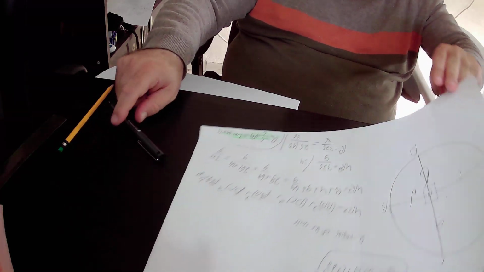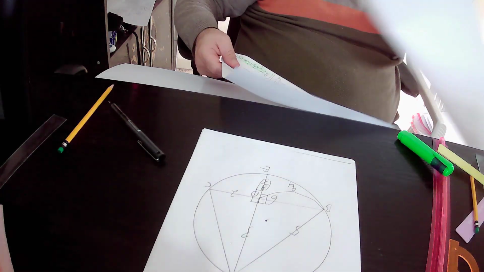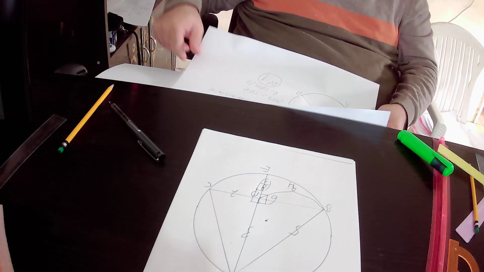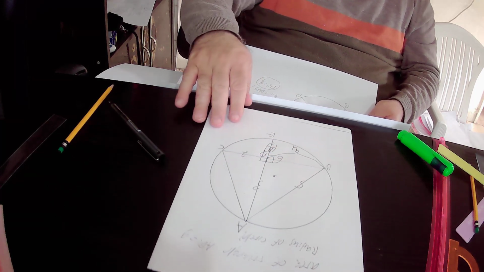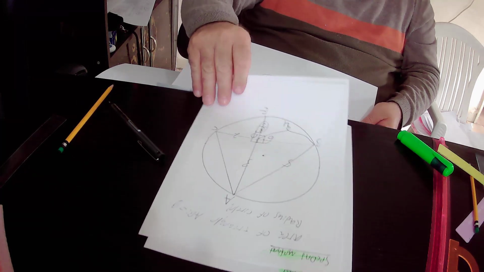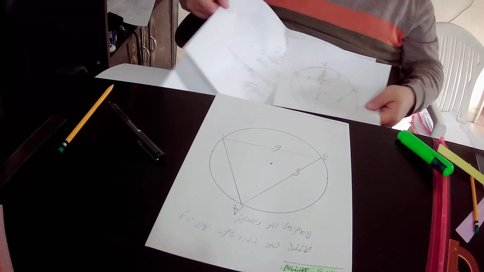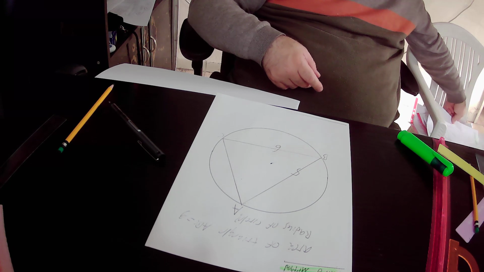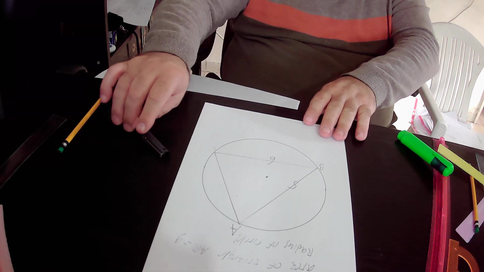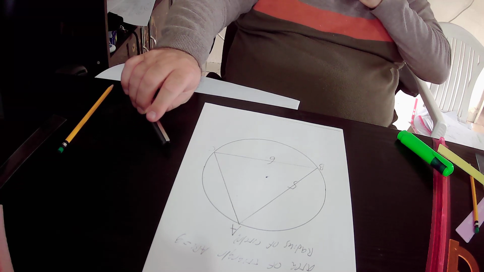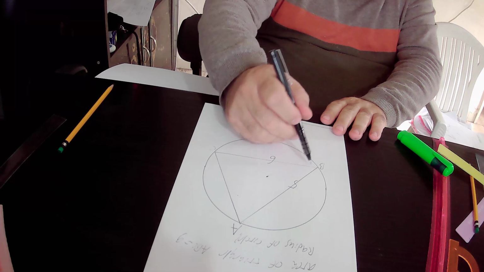In the next step, I will present to you how to find the radius of this circle that belongs to triangle ABC according to the third method. In the third method, we define angle ABC as theta.